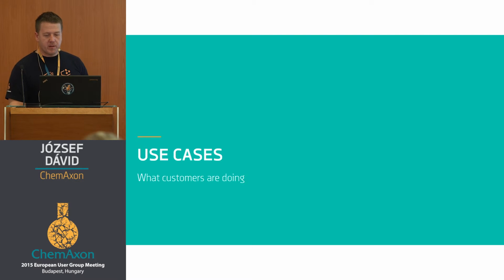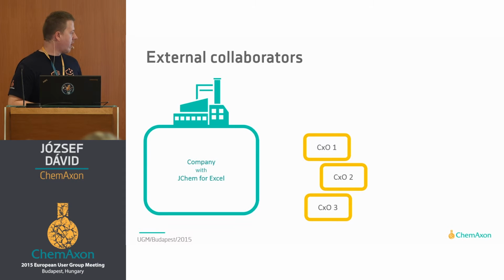And of course, we have use cases that we have identified. Some of them are from clients, some of them are just visions, but I would like to show you now a living use case, which is in practice at one of our clients. This client has JChem for Excel, and they are happy with that. But they have some collaborators, some partners who don't have JChem for Excel at all, but they would like to collaborate somehow.